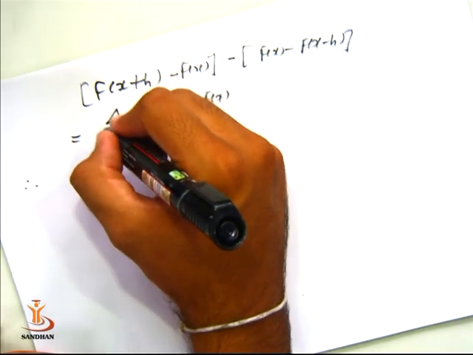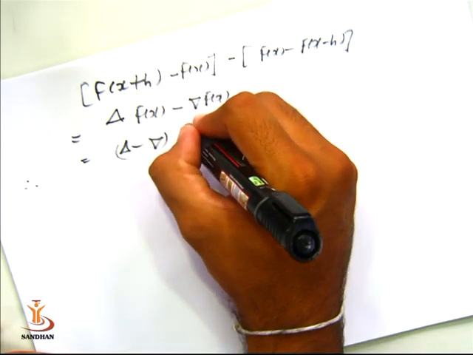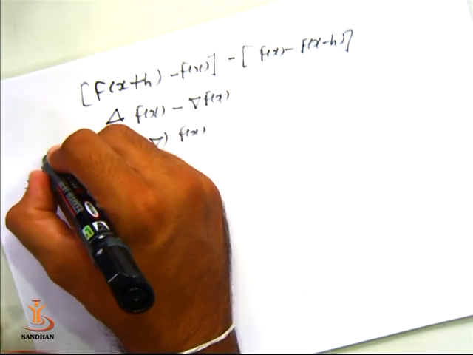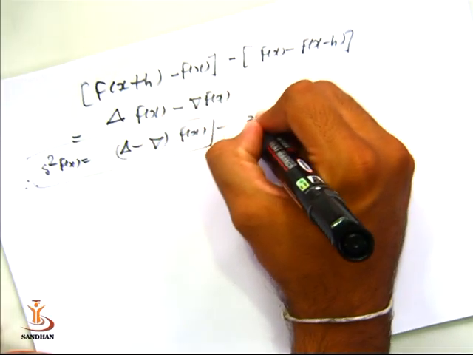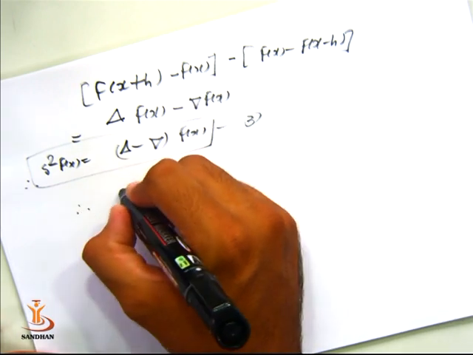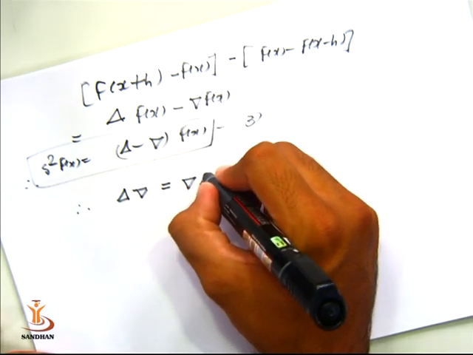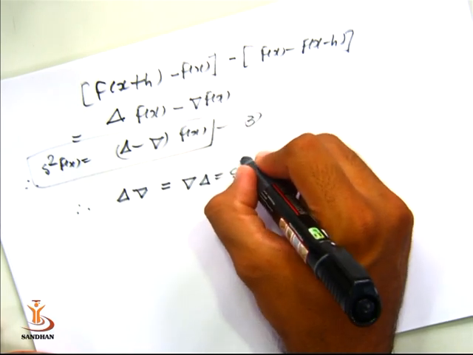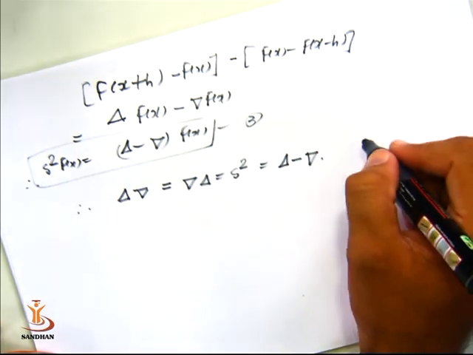So this is your result number 3, delta minus nabla of f(x), which is proved for delta squared f(x). So from results number 1, 2 and 3 we can now claim that delta dot nabla equals nabla dot delta equals delta squared, all exactly the same as delta minus nabla.